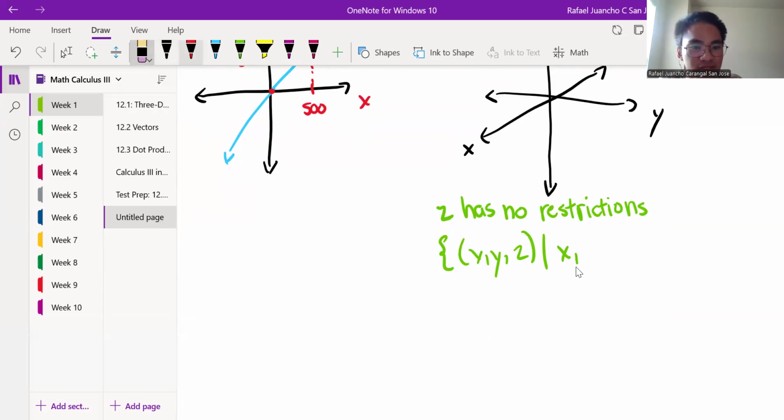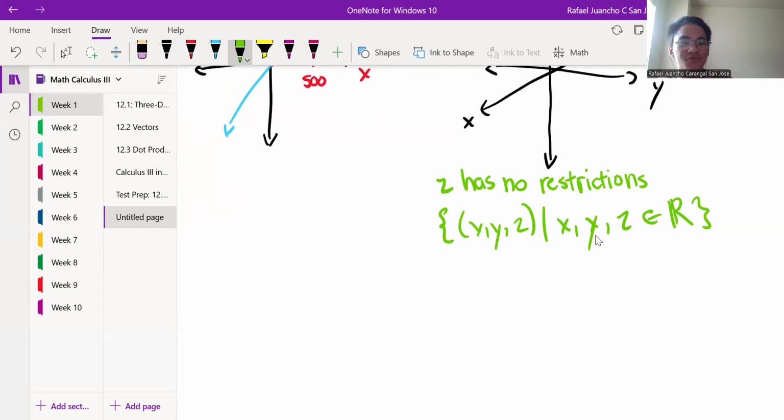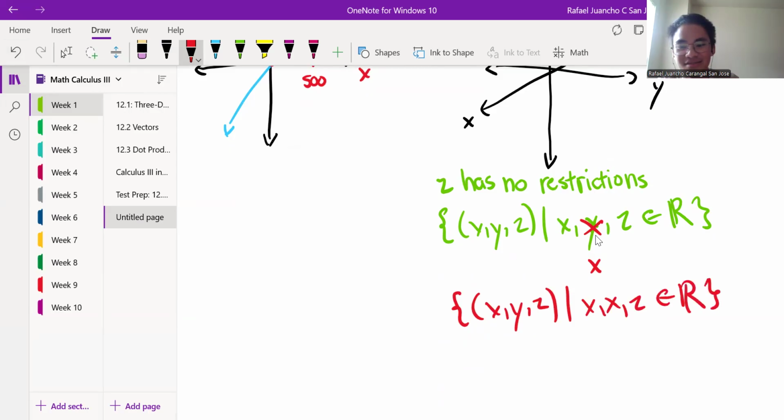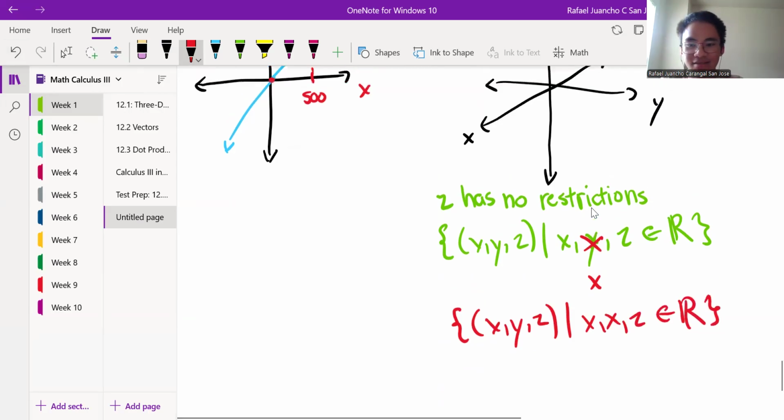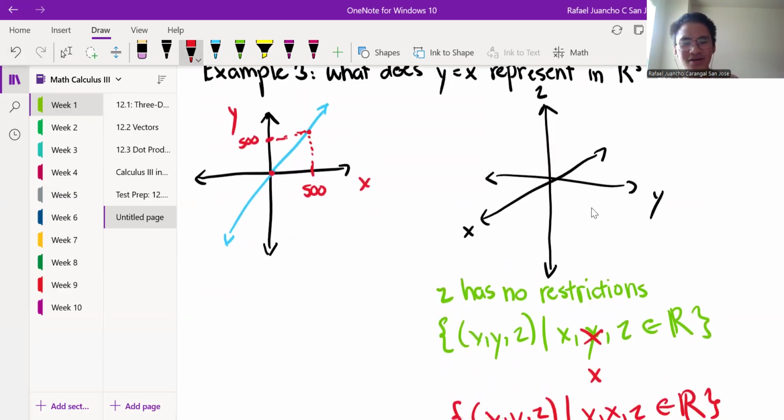Let's rewrite the original: x, y, z is a real number. It could be 1, 2, 3, negative 5, whatever. We just change this to be x. So it's the set of all possible points where x, z is a real number.